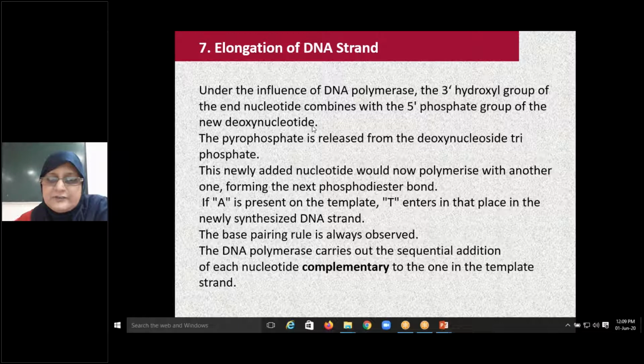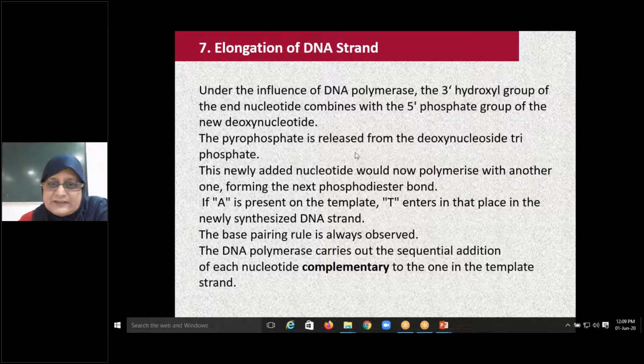To the end of the primer, a new deoxyribonucleotide will be brought by the DNA polymerase, joining the 3' hydroxyl group of the previous nucleotide with the 5' phosphate group of the new nucleotide.